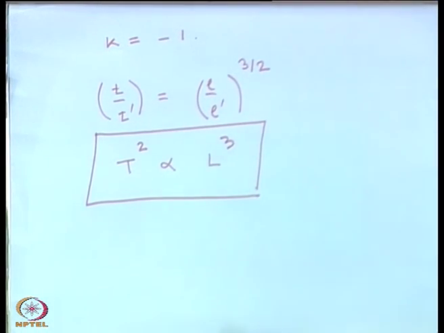Okay. So, the square of the time period of any orbit scales as the cube of the linear size of the orbit. This is referred to as Kepler's third law.